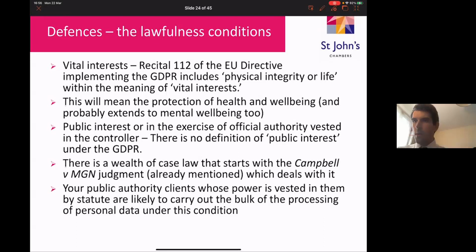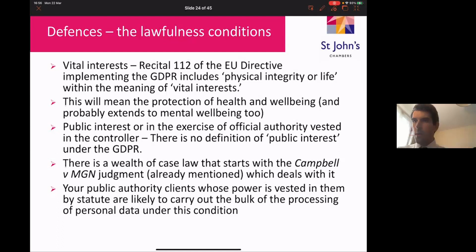Public interest isn't defined, and here it seems to me there's a crossover, particularly for health board or trust or other healthcare provider controller clients. Equally, something that a claimant might be thinking about if they're saying that one of those kinds of organisations has processed their medical records, for example, without consent, then a controller can say, it seems to me, in addition to if the processing is done to protect their vital interests, that it is done in the public interest.